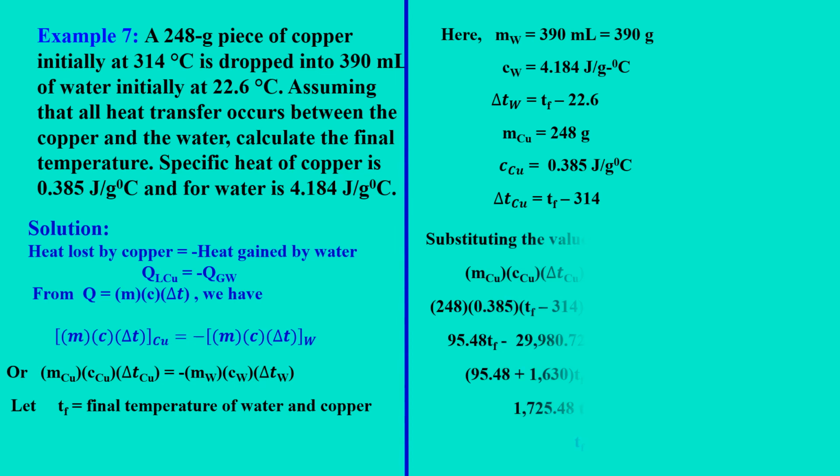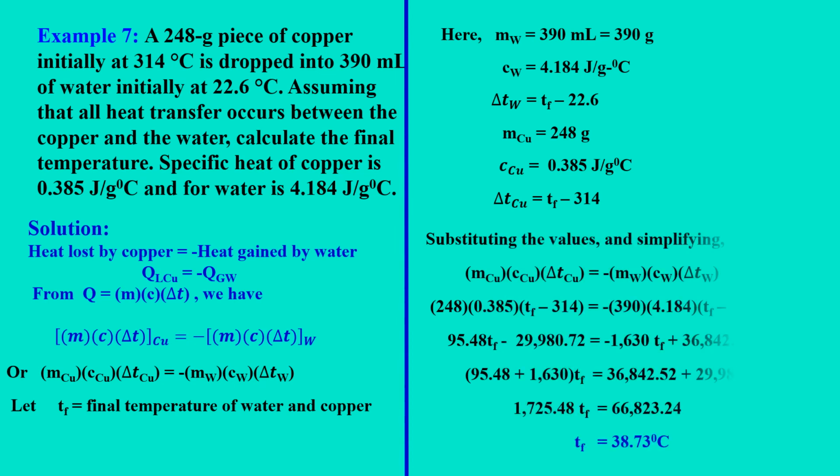So, substituting all these values, collecting similar terms because our unknown is final temperature, and simplifying, we get T sub F equals 38.73 degrees Celsius as the final temperature of water and also the final temperature of copper.